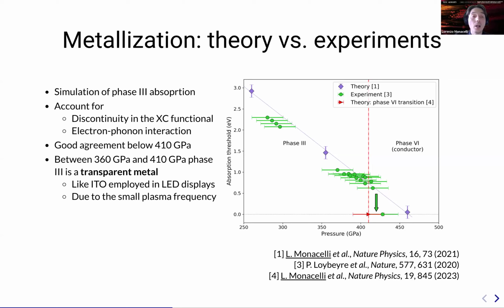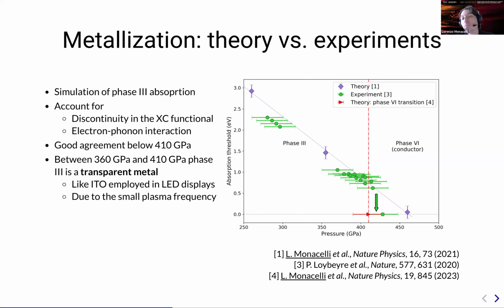And more interestingly, we now have also explained one apparent contradiction, because we have a region below this phase transition, but above the pressure at which phase 3 becomes stable, in which hydrogen behaves like a transparent metal in the infrared. While this may seem a bit absurd, because metals should reflect all wavelengths below the plasma frequency, you can actually see me right now and see this presentation through a transparent metal, because another example of a transparent metal is indium tin oxide, which is employed to make LED screens.